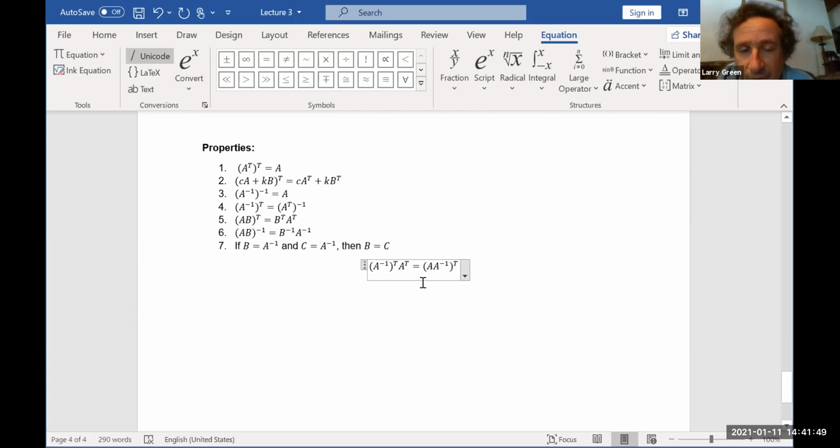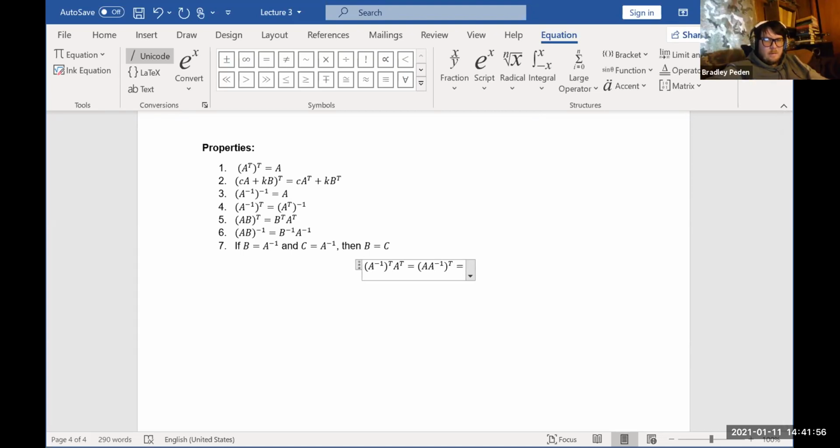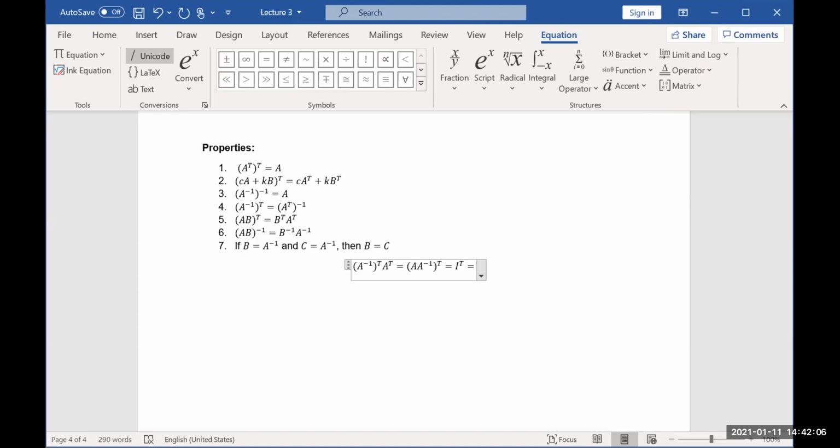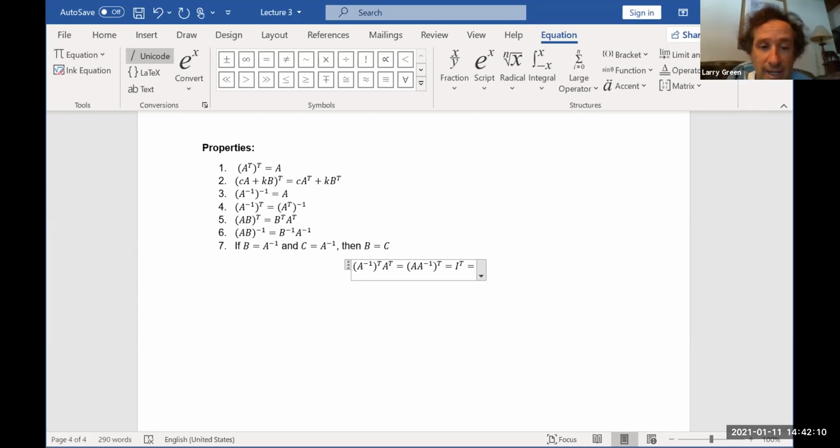Okay. Well, what is A times A inverse? The identity. Yep. So that's the identity transpose. But what is the transpose of the identity? The identity. It's the identity because the identity is symmetric, right?